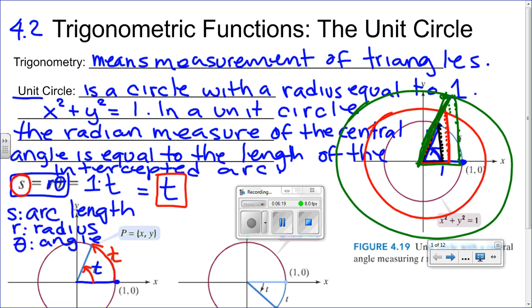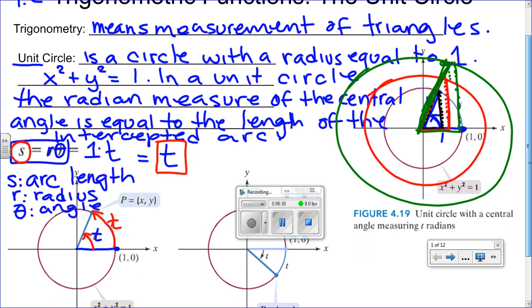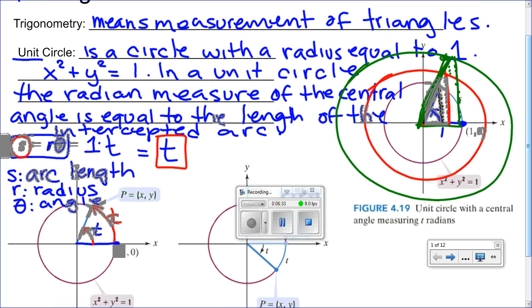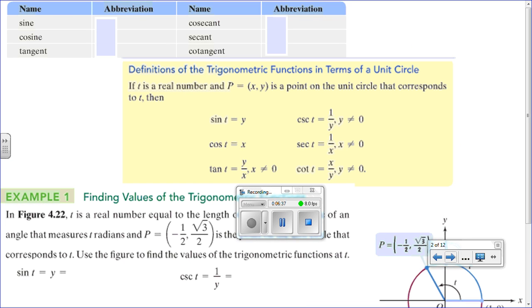So then what's going to happen with the ratios? They're going to be congruent, or proportional, I should say. So because of that, we can use the unit circle and translate it into a circle of any dimension, of any radius. Okay, so now the 6 trigonometric functions are called sine, cosine, tangent, cosecant, secant, and cotangent.